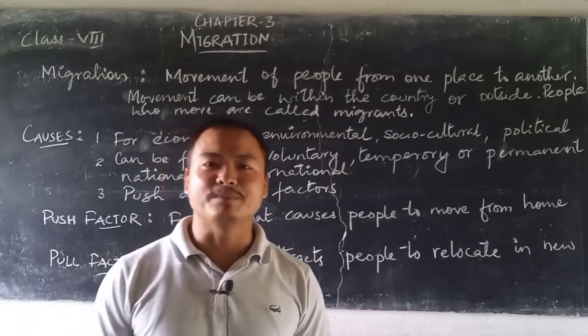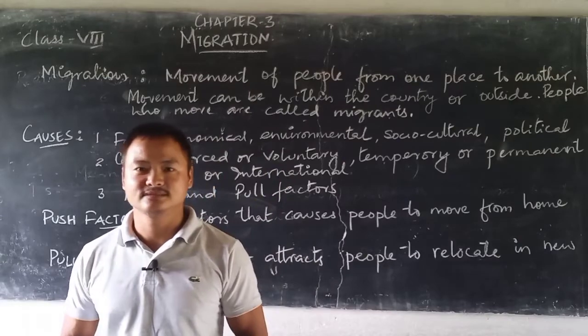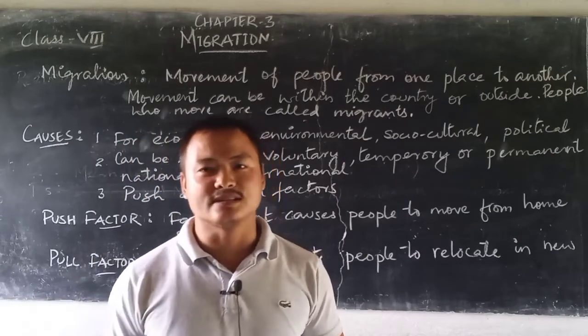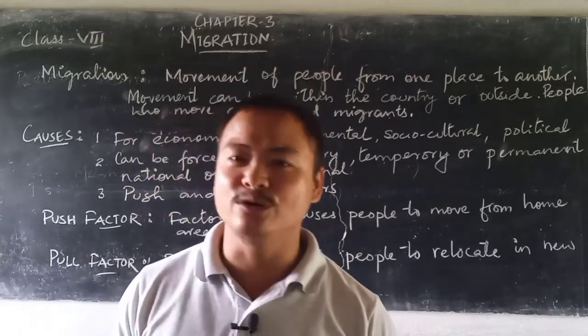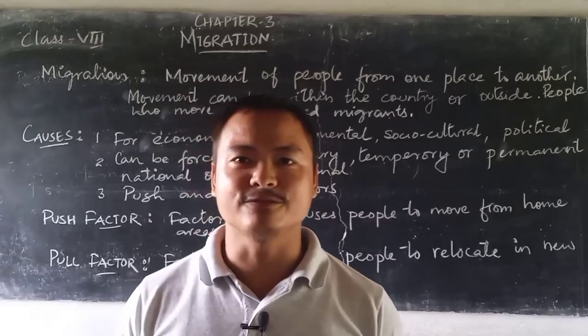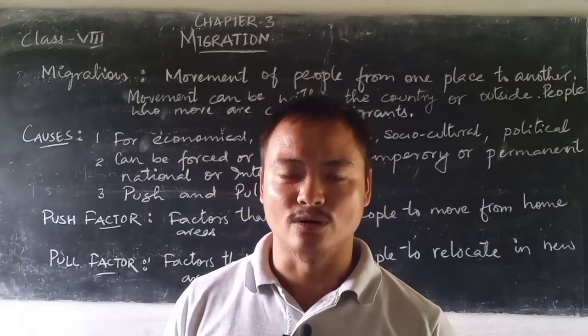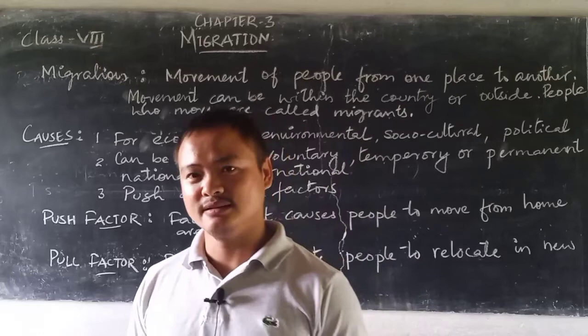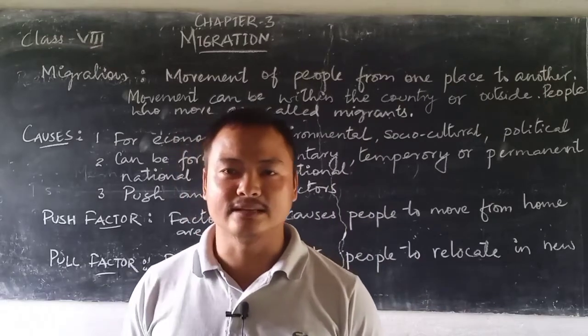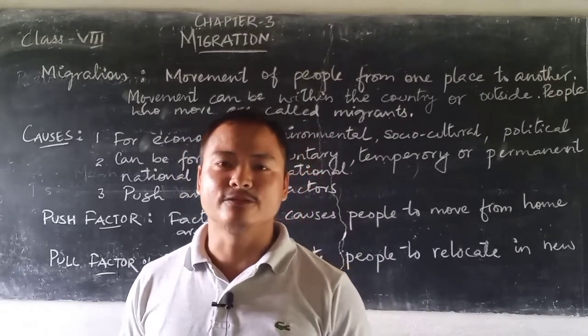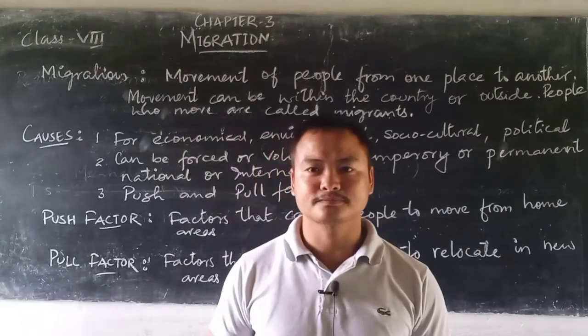There are various reasons why people migrate. These are the causes that we discuss, when we ask why do they migrate, what is the reason for their migration, or why do they have to migrate. The first and foremost thing that comes is the economic purpose.